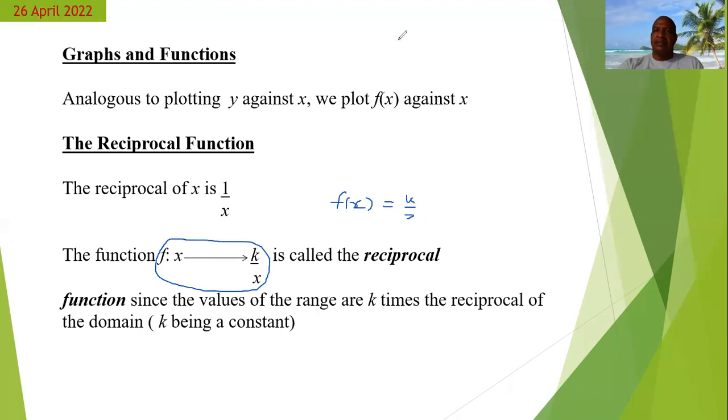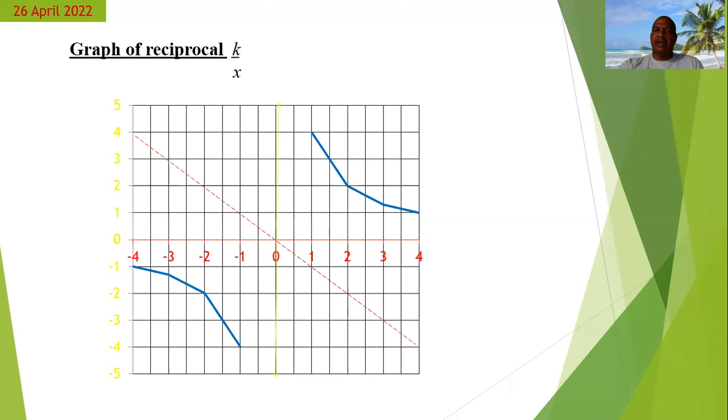All right. So what the graph of this looks like, you just need to become familiar with it. So this is the graph of k over x, right? You should be able to just look at this graph and know that this is the function k over x.